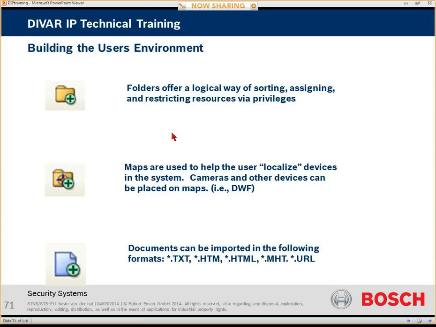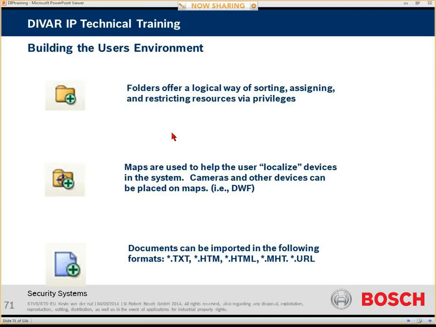It offers a logical way of sorting your devices. So if I have a building with 3 floors, you can make 3 folders, one being the first floor, the second floor, the third floor, and you'll logically place the devices for the corresponding floor into these folders.